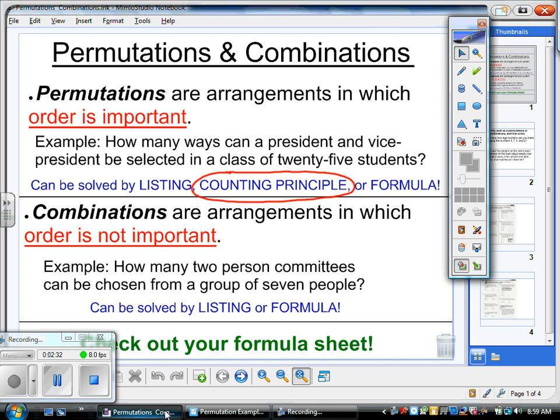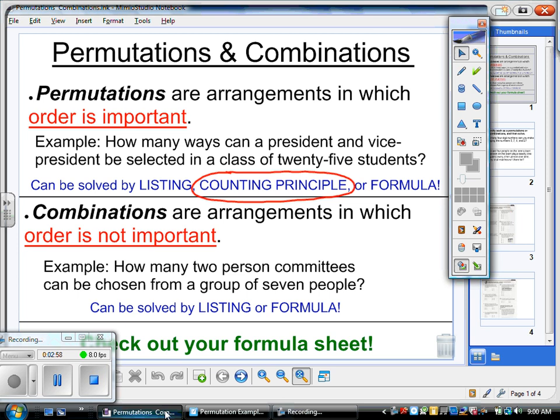Let's say John and Kaylee are both part of the committee. If I say Kaylee and John are part of the committee, those are both the same committee. Nothing's changed. They don't have specific positions in the committee, so the order I say their names is not important, and in that case, it does not present another outcome.